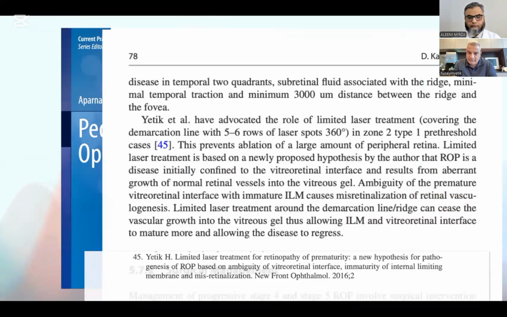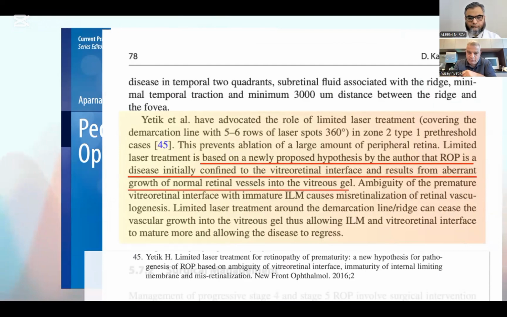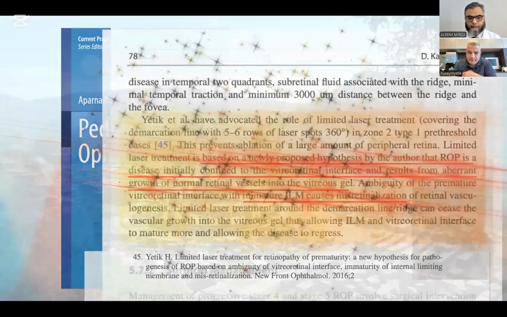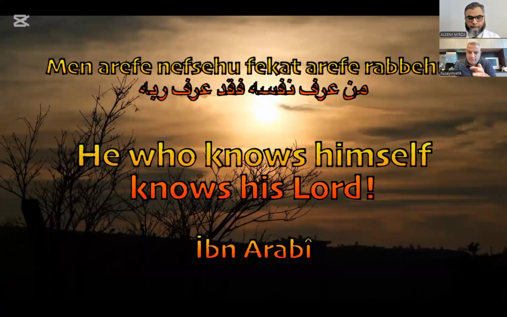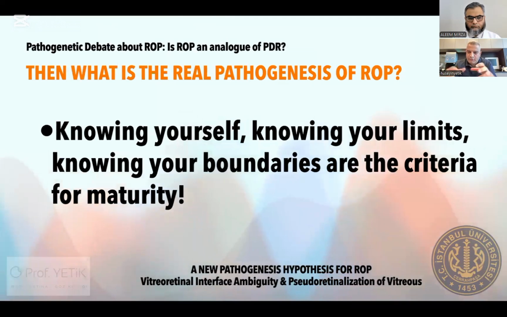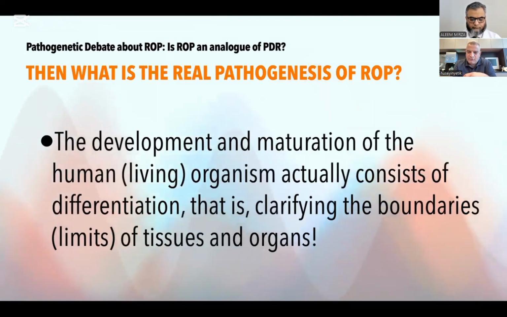You can see my hypothesis was cited in this book. Everybody should know himself; this is the most important point in the world, and knowing yourself and knowing your boundaries and limits is the criterion of maturity.